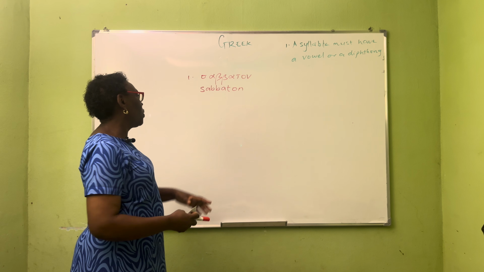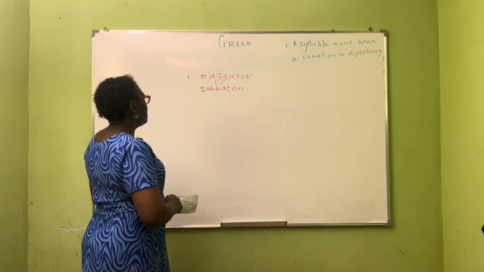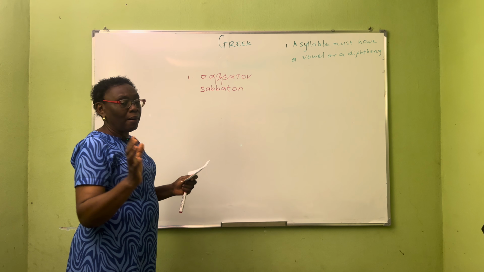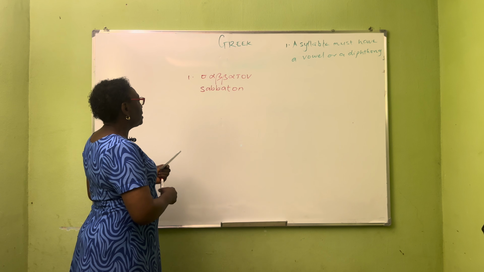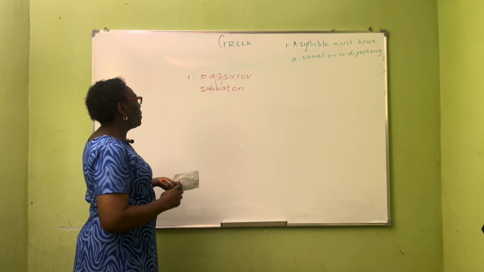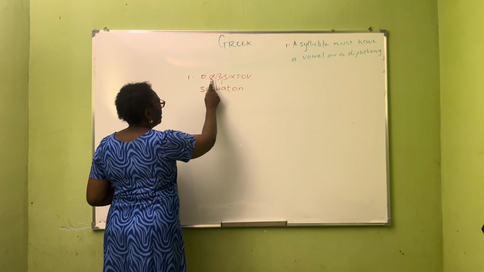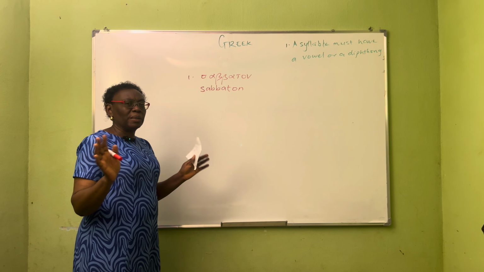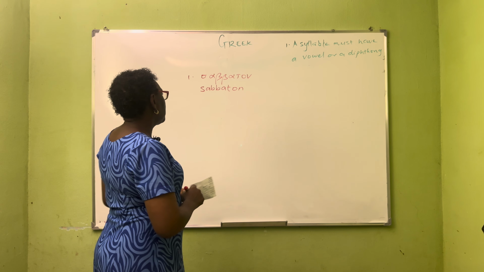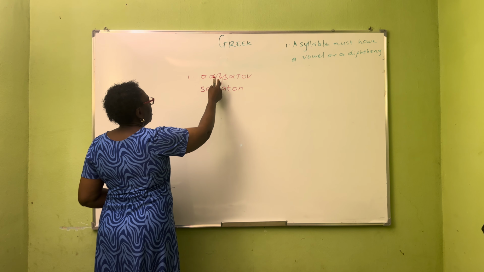You can say Sabaton, Sabaton. If you are to do the syllable division, you will be guided by the number of vowels or diphthongs. In this case, let's count how many vowels we have here. There's a vowel one, another vowel, and another vowel. In this case, we should expect to have three syllables. Now, we will divide.